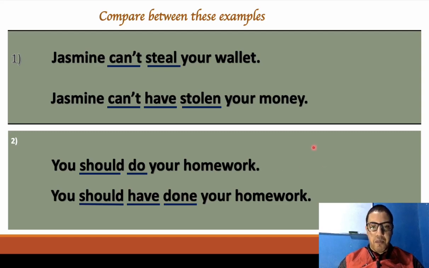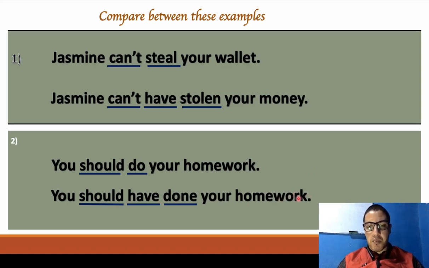So this is the difference in form, but now we move on to talk about the difference in the use or the meaning, right? So you should do your homework. What do we express here? We express advice, exactly. But for the second sentence, you should have done your homework, we are not expressing advice.